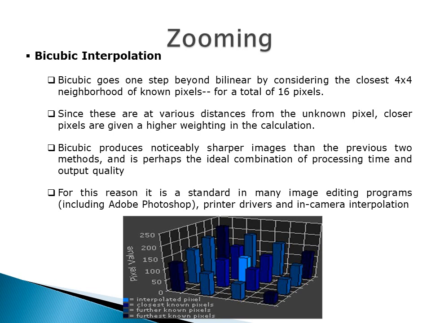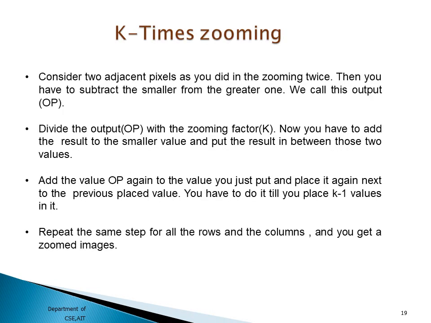So for determining the zooming, we will consider its 16 neighbors, and among them, the nearer ones will have more weightage. As the distance increases, the weightage becomes less, and then by using this value, you can go for zooming. This effect is far better than the previous methods we have used.